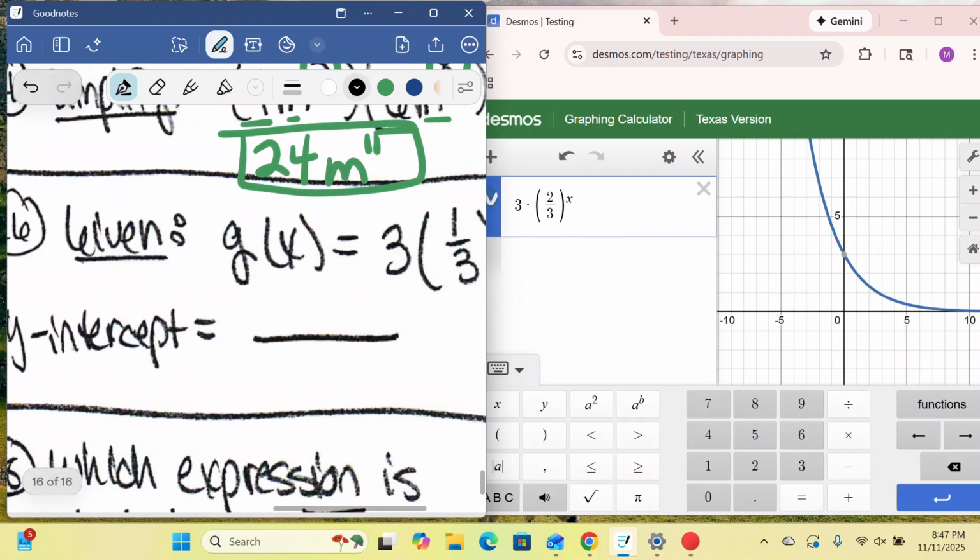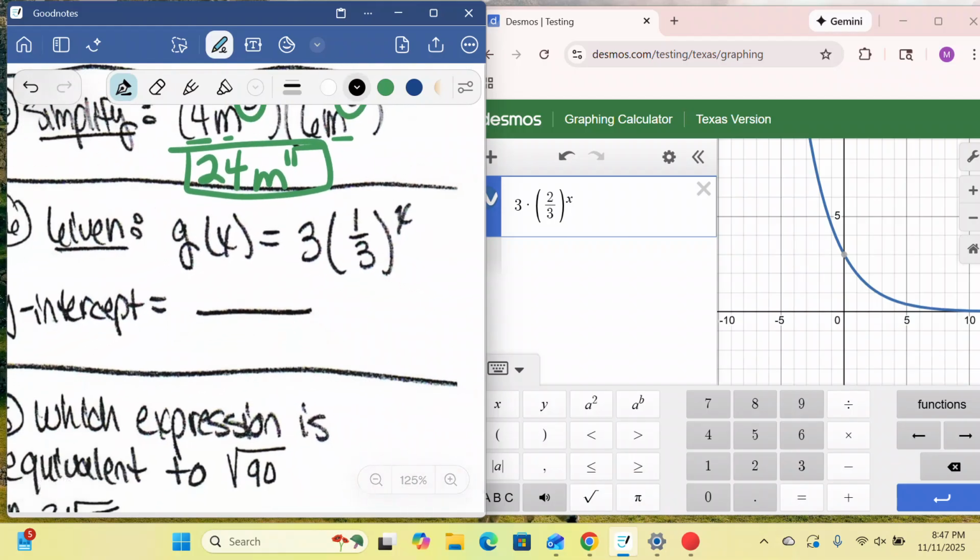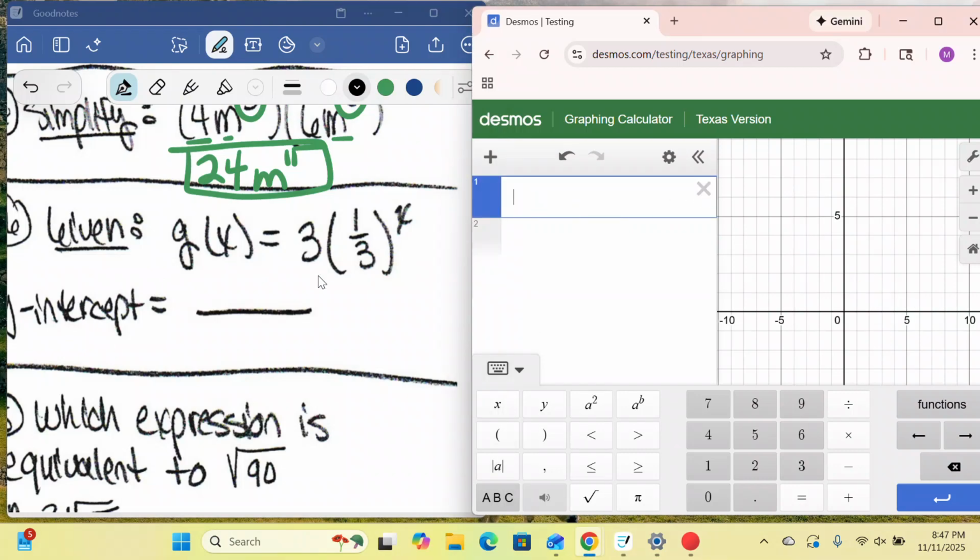If I look at my next one, you're going to see that this is an x, this is also an exponential. So I'm going to graph it, and I want to find my y-intercept. I'm going to say 3, open parentheses, 1 divided by 3, close my parentheses, and then quantity to the x, and there it is.